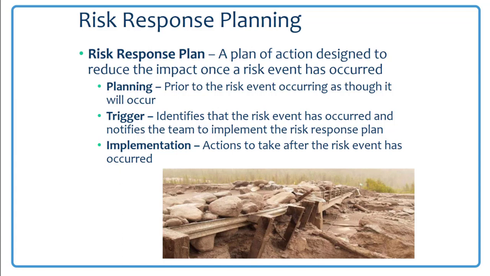So it involves planning prior to the risk event occurring as though it will occur. So you assume it's going to occur. Identifying what the trigger is, or the point in time that you'll know that the risk will have happened or did not happen. And the implementation of your response strategy, so that if the risk does occur, what are you going to do to address it?